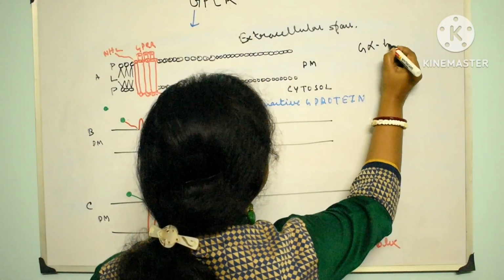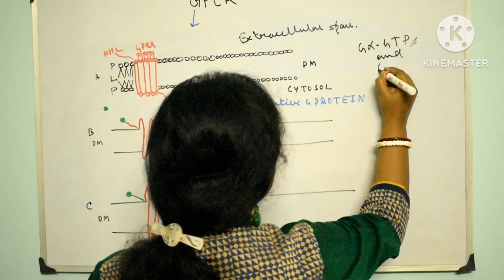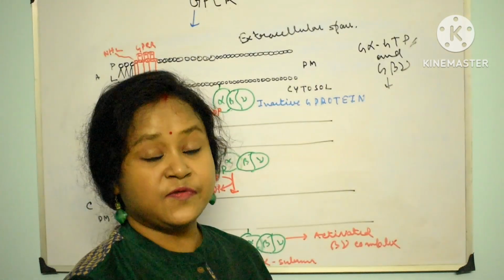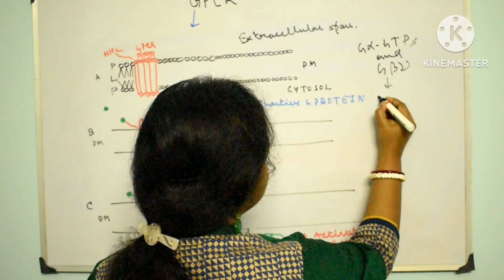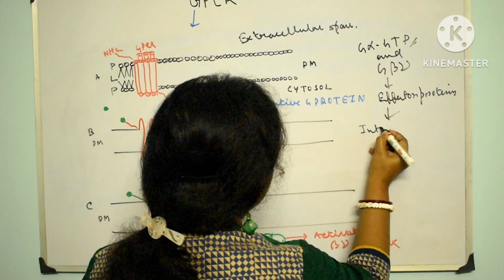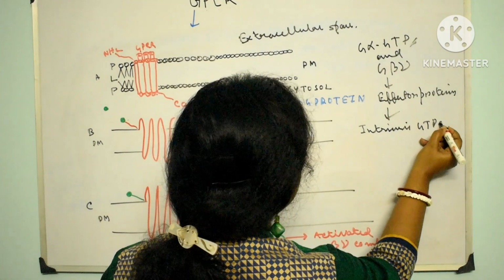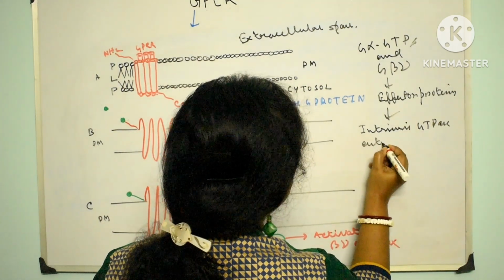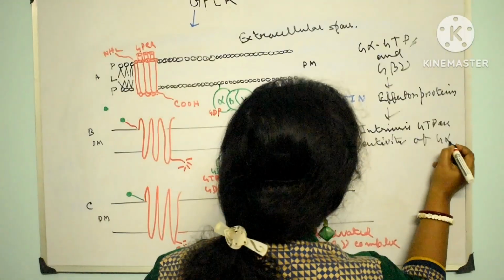G alpha GTP and G beta gamma can specifically interact with effector proteins. This leads to intrinsic GTPase activity of G alpha.